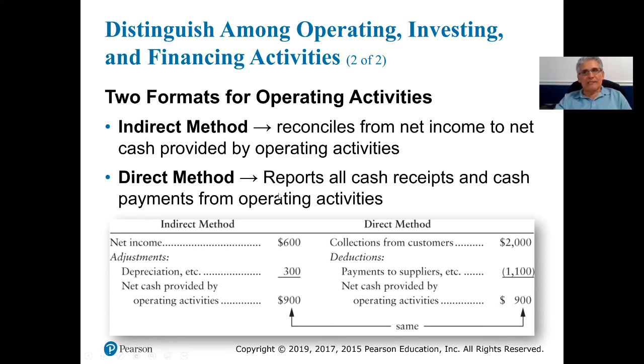Gives you a lot more detail about what's going on with cash flows. So indirect is used most commonly because it is simpler to use or prepare, and maybe even simpler to understand. The direct method is used because it provides much more detail that could be useful to the financial statement user.